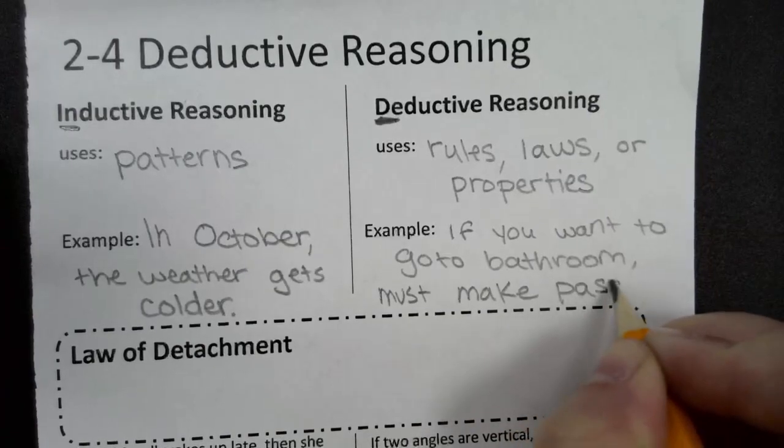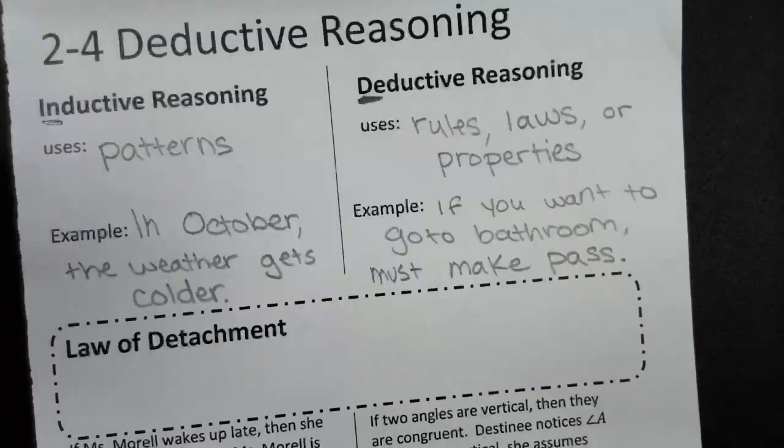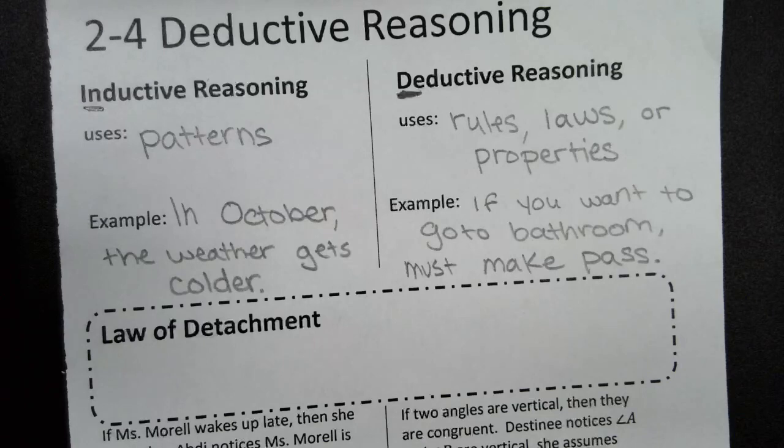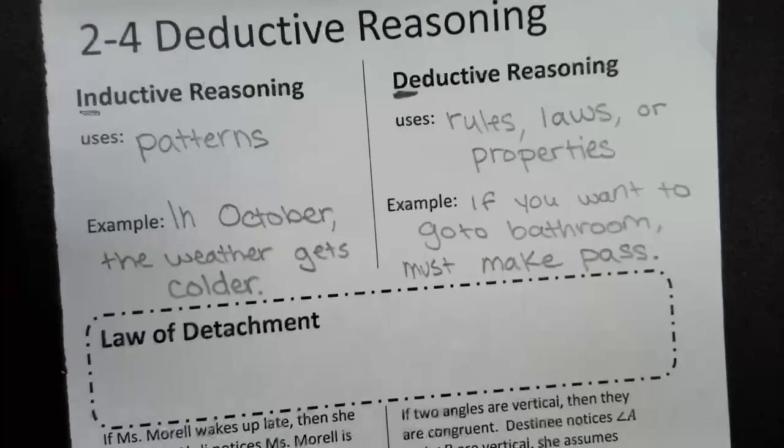So if I see you in the hallway in a different period, I'm walking in the hallway during my prep, period 5. Along comes Hamza. I'm like, hey Hamza, how's it going? He's like, good. I'm just on my way to the bathroom. I'll be like, oh cool, you must have your pass, right? Because that's our rule. Does that make sense? Yeah? So deductive reasoning. If you want to go to the bathroom, you must make a pass.